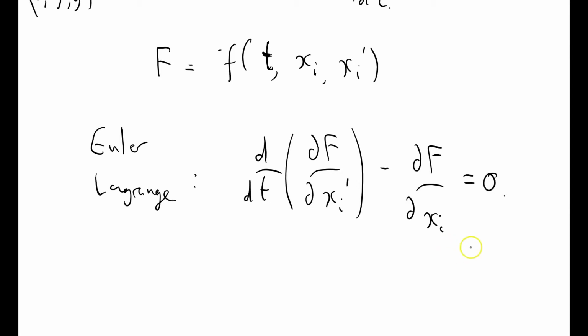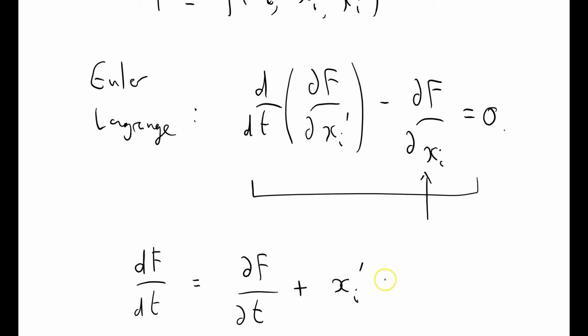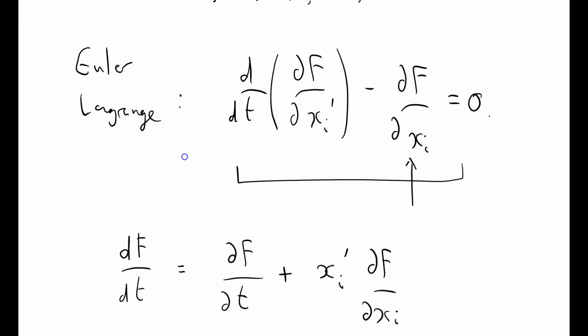What I'm going to do is use this equation here and substitute for this term here. But what I want to do is to talk about df by dt. Remember that f is a function of t, xi and xi prime, so I can decompose its dependency into a curly di f di t plus xi prime di f di xi, because this guy might be changing in time as well.